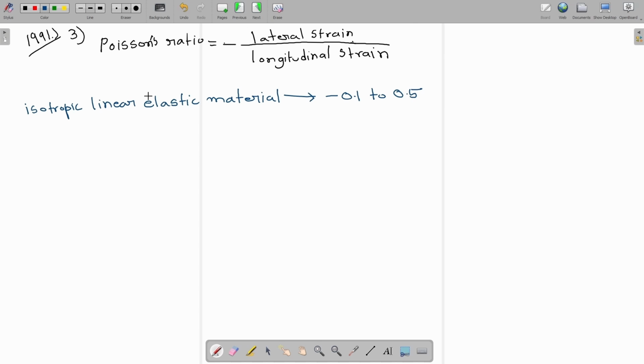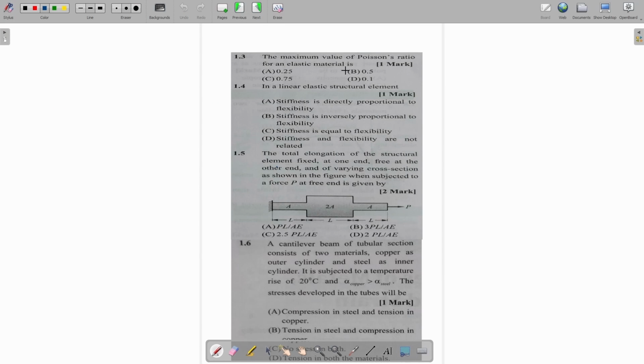Therefore the maximum value of Poisson's ratio in this case is 0.5. Therefore the option is B, 0.5.